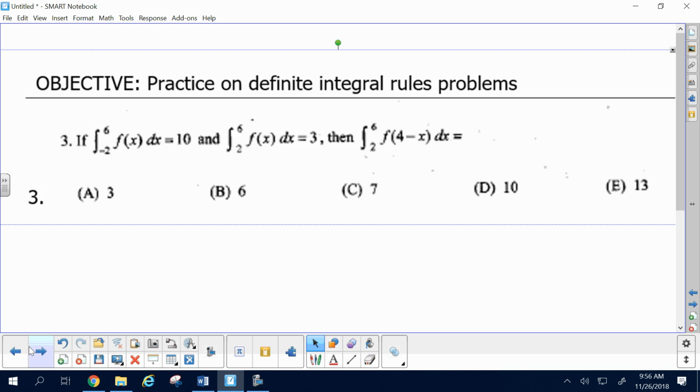If you have a function within a function, you use U sub. Be careful with your du, there's a negative on there.